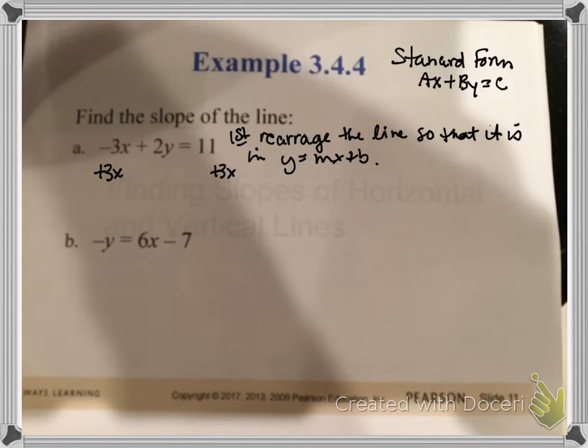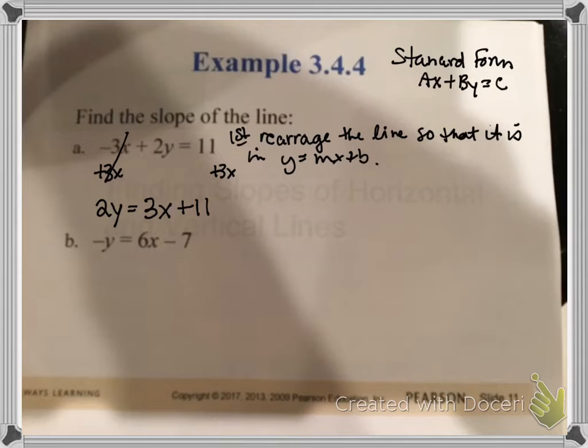Now, if I look at negative 3x plus 3x, that cancels out, and I'm left with 2y. And on this side, I put 3x in front of the 11. The reason why I did not add 11 and 3x is because they are not like terms. The 3x is different from 11, so I have to leave it by itself. And once again, I'm putting it in front because that's the way the form reads.